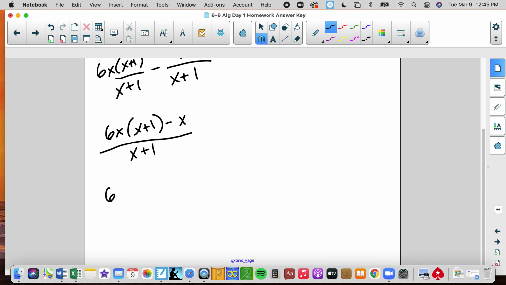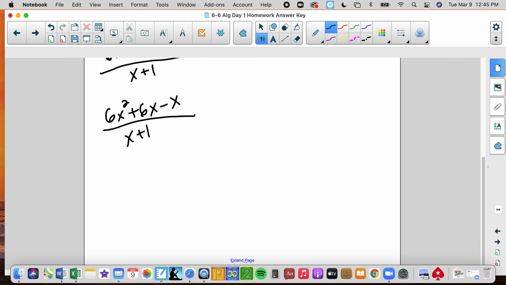You have 6x times x is 6x squared. 6x times 1 is 6x minus x all over x plus 1. Oh, we were so close there. We have like terms. You get 6x squared plus 5x over x plus 1.